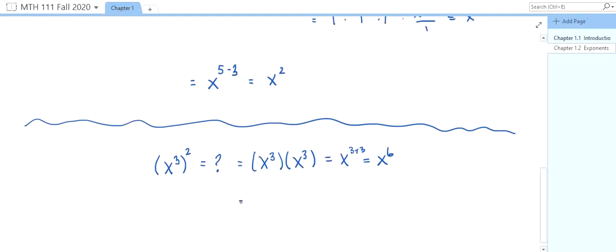But of course, another way to look at this is we have x times x times x times x times x times x. So it's like 2 x to the 3's. So this is like x to the 3 times 2 equals x to the 6th.